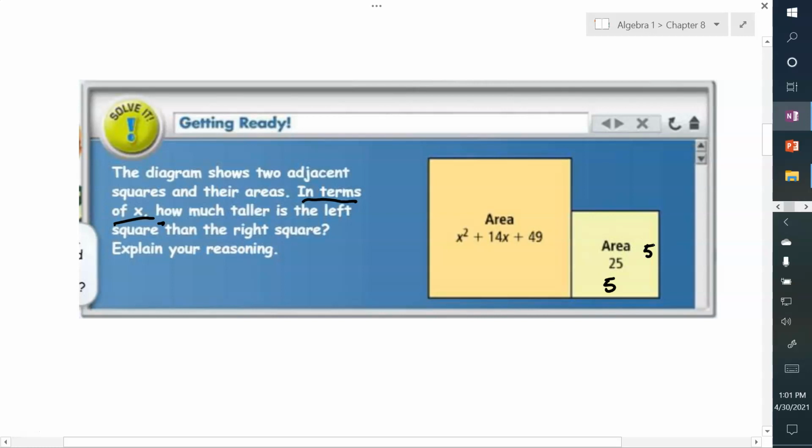And for the area of the larger square, we need to factor x² + 14x + 49, and hopefully we'll get two factors that are the same because it's a square. So let's go ahead and factor this: x² + 14x + 49.